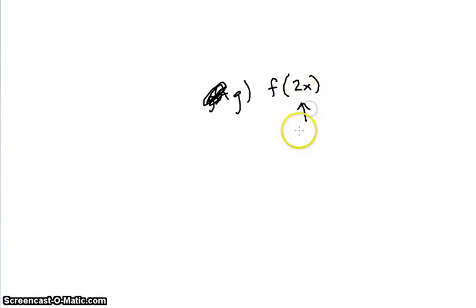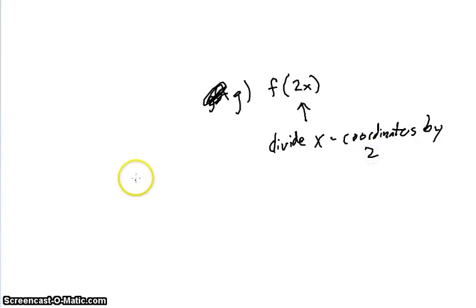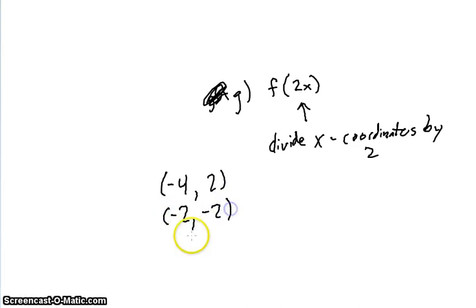Again, inside a function, this acts like an opposite. So what you need to do is divide the x-coordinates by 2. The coordinates were these.